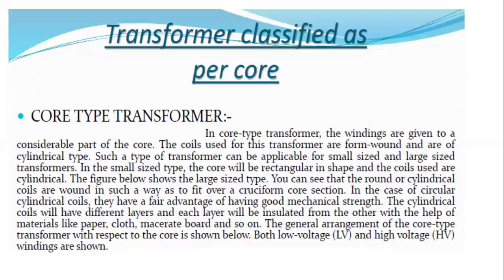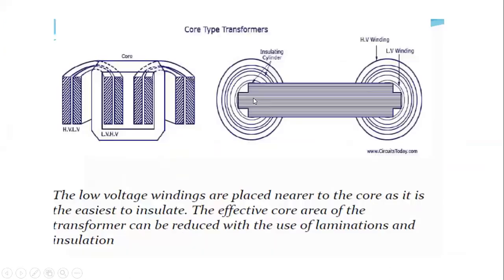In the next class, we will discuss the EMF equation of the transformer and some problems related to the EMF equation of a transformer. What is the formula for the EMF that will be induced in the transformers? All that will be discussed in the coming classes.